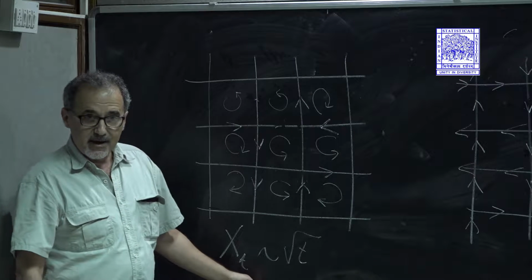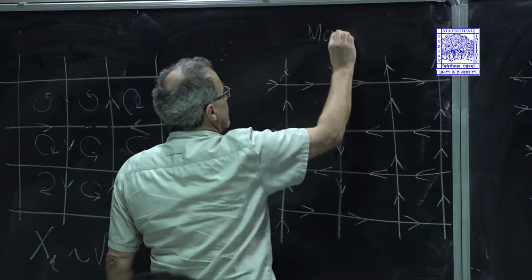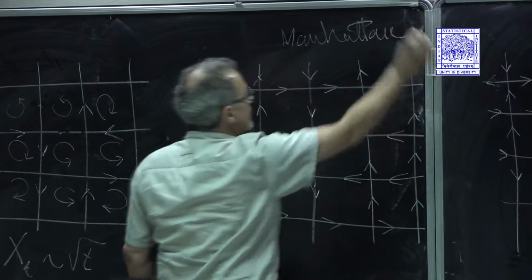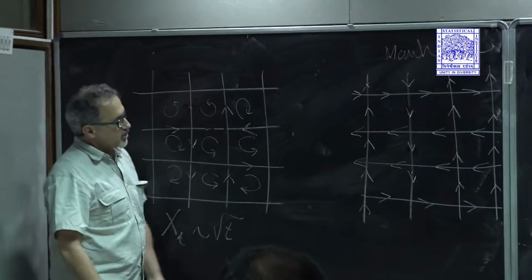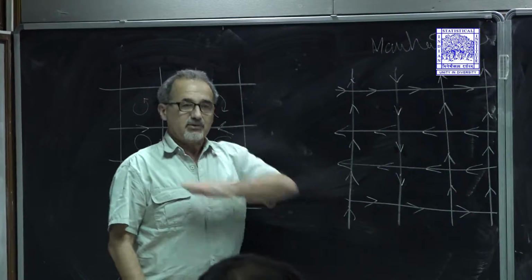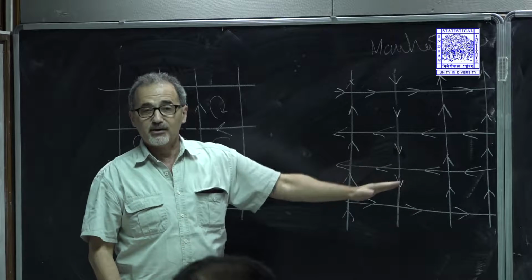Now this is New York, this is Manhattan. Each avenue and each street is made one way from beginning to the end, but random.